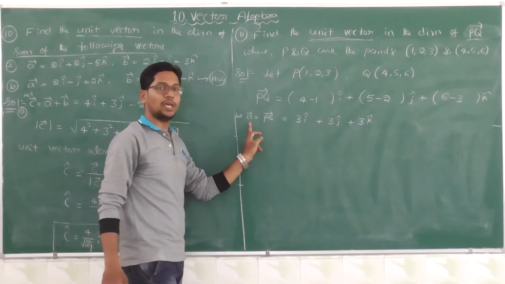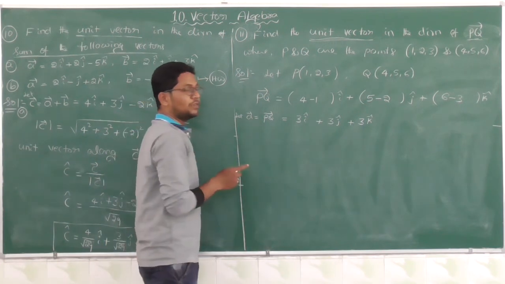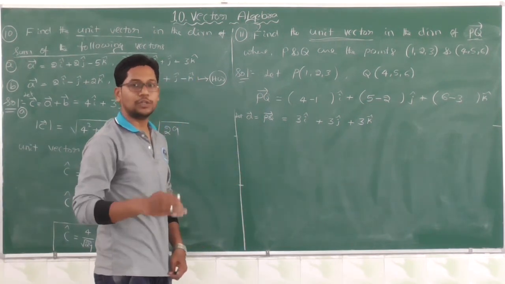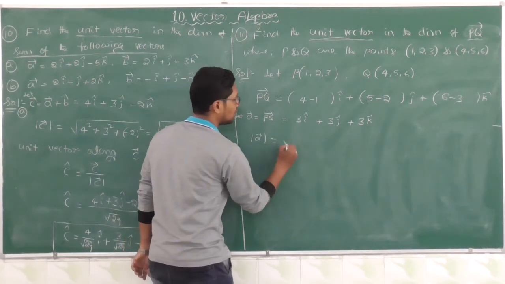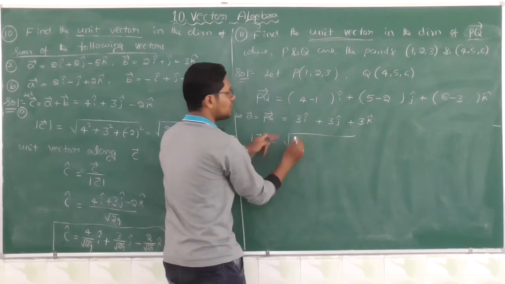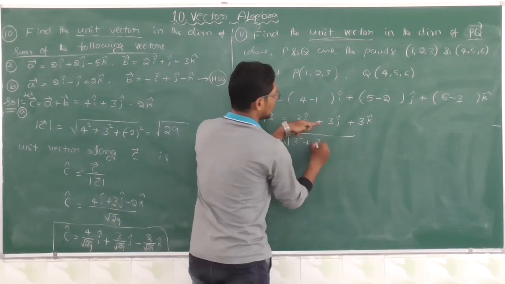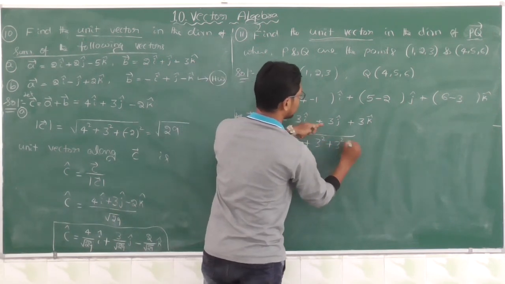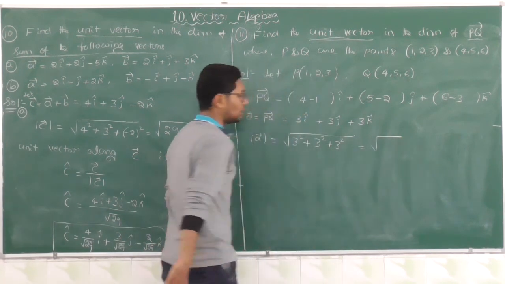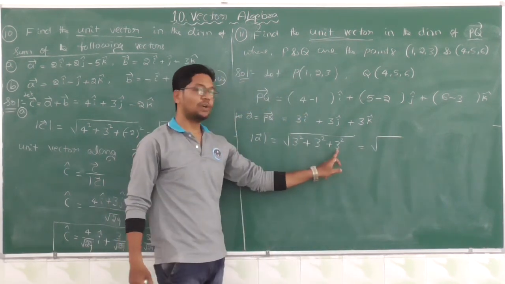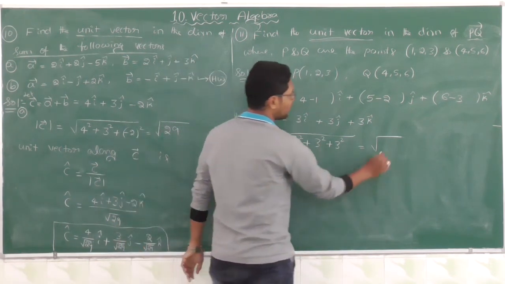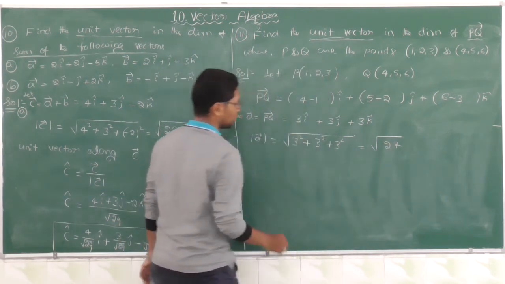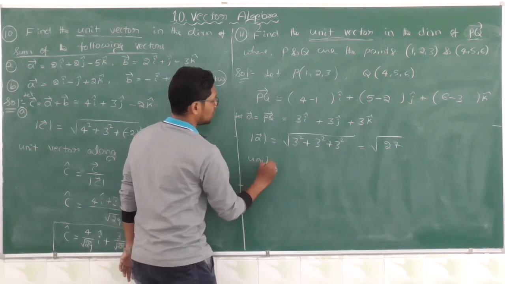For a unit vector, we need the magnitude. Magnitude of A vector equals the square root of the i component, 3 squared, plus 3 squared plus 3 squared. 3 squared is 9, plus 9 plus 9, 18, 27. Square root of 27. Now find the unit vector.